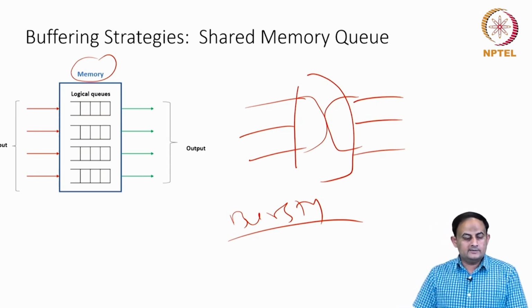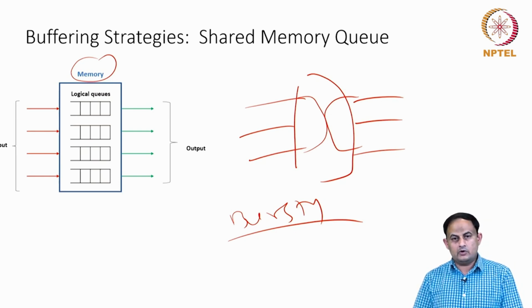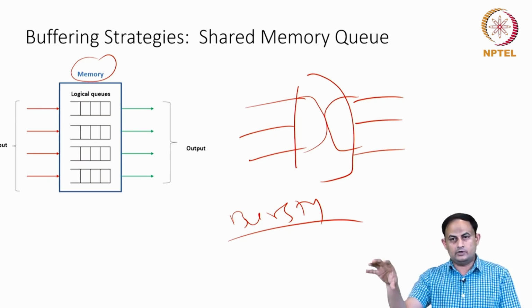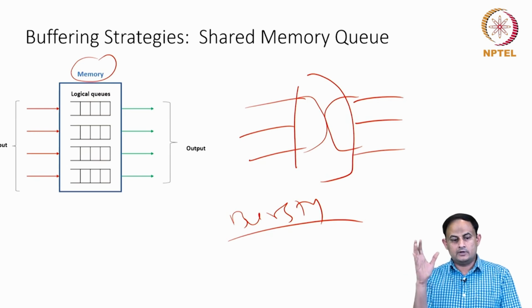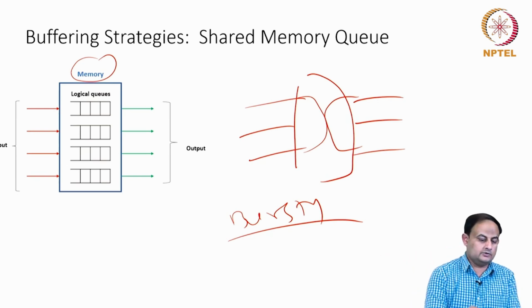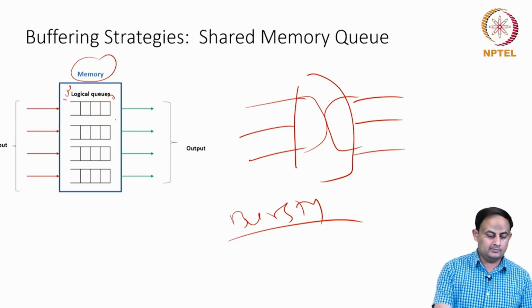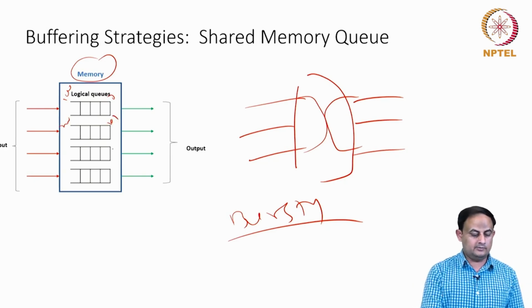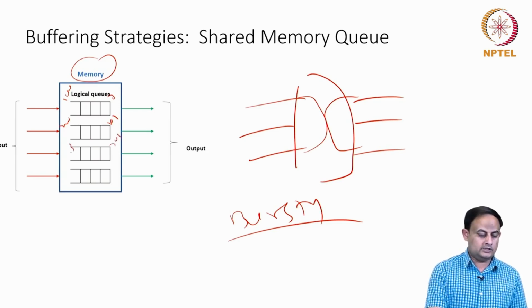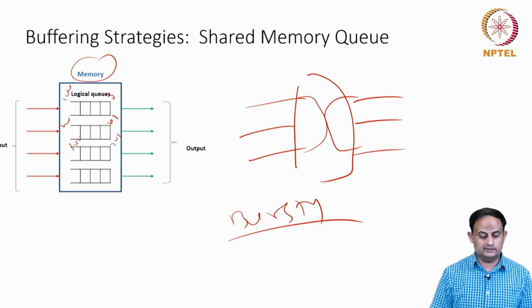One mechanism that we earlier touched upon is logical queues, where you have a single memory that could very well be a RAM, and then you earmark this portion as the buffer for port number 1, address 0 to 100, this is the queue for port number 1, from 101 to 200 you have the second queue, and from 201 to 300 the third queue, something like this.